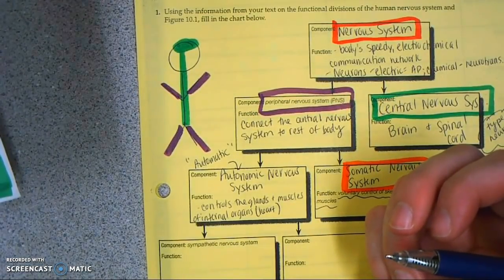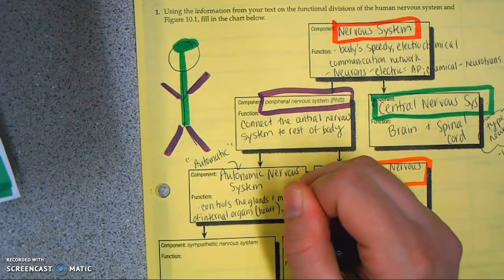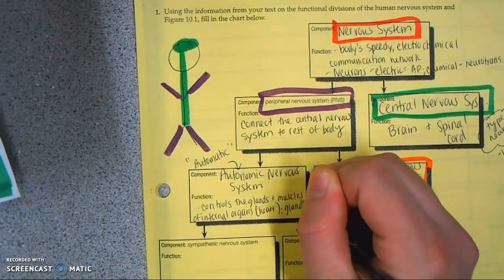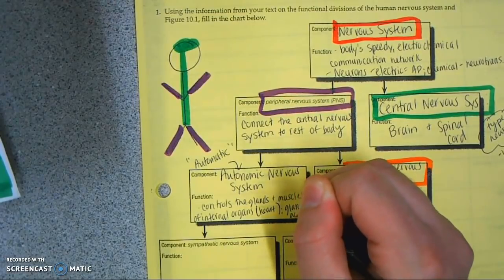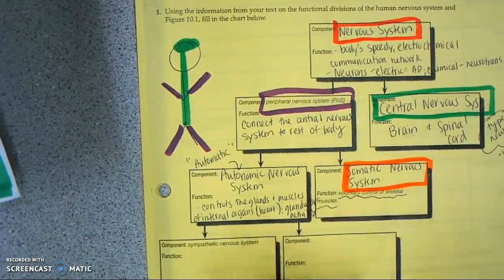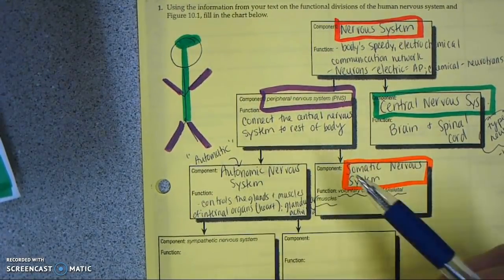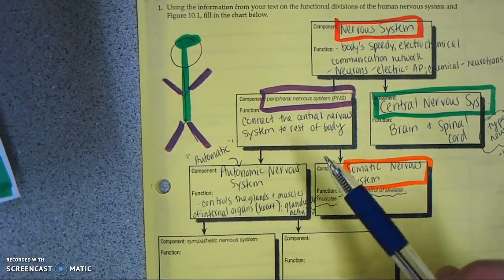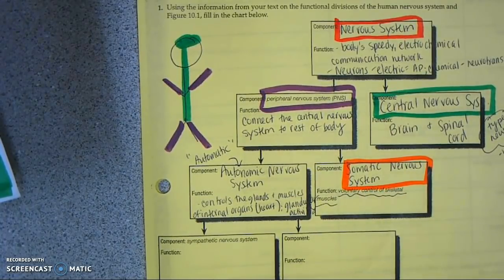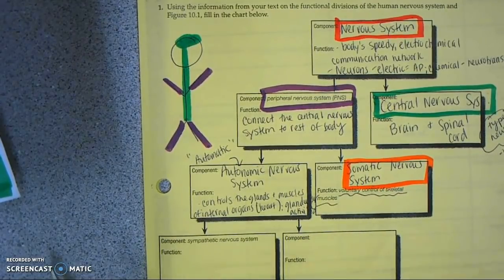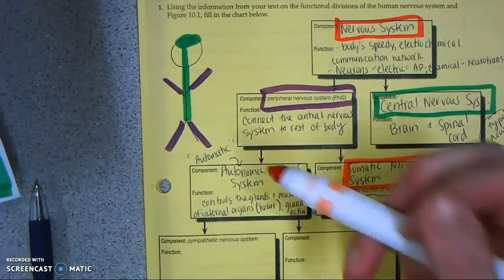It also controls glandular activity. These are things that are happening, quote unquote, automatically, so think of the pituitary. Those are different things that the autonomic nervous system controls.